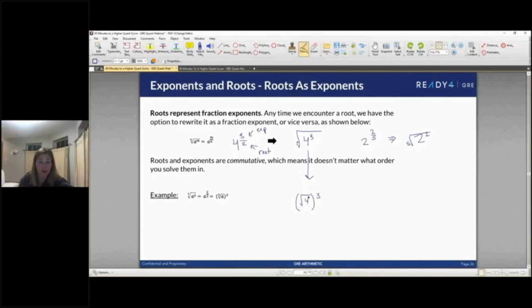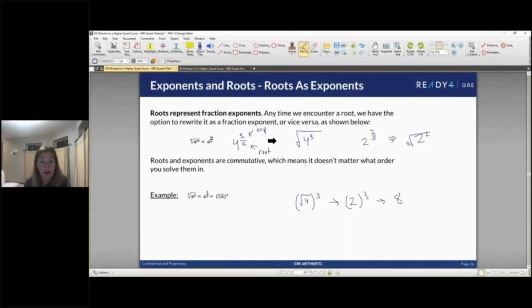Because the square root of 4 is 2, and then you cube it. Whereas for cubing it, taking the square root might be more difficult. Okay, but in any case, you end up with the same thing, right? Because if we take the square root of 4 and then cube it, that becomes 2 cubed, which gives us 8.